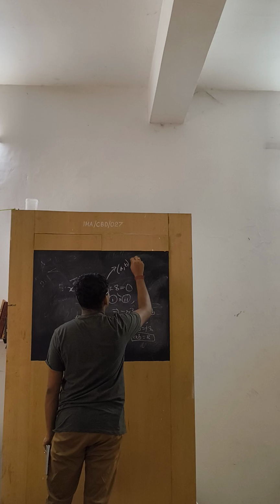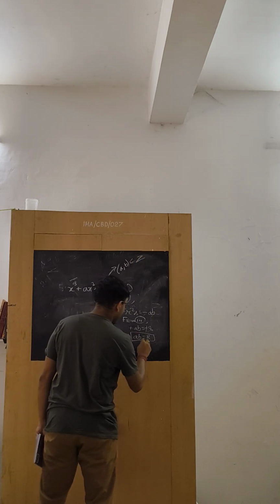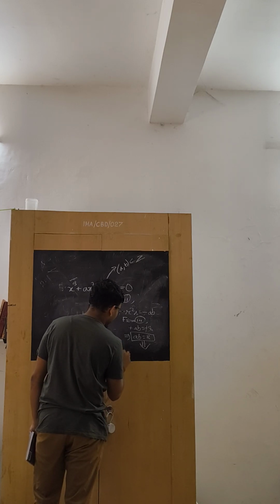The conditions are that a comma b has to be an element of integers. So from here, by parity, we can check. One definite option is going to be 1 comma 8.